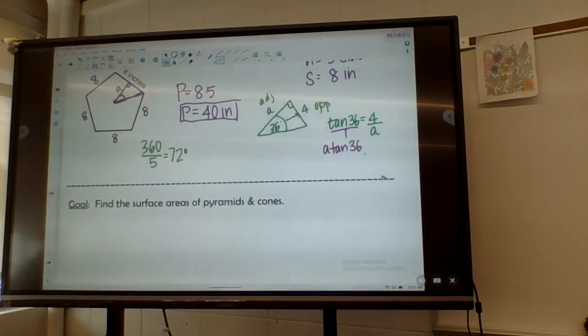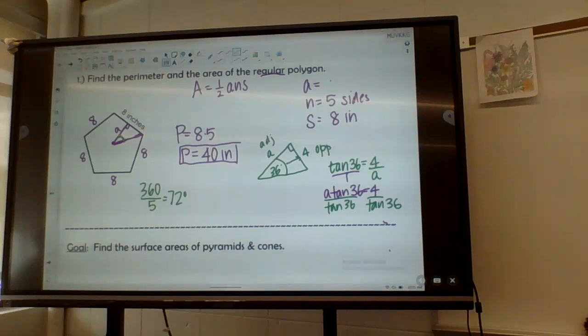It's also reviewing our trig, which is good because that'll be on our exam at the end of the year, which is not that far off anymore. So we get 5.5 for little a, I believe. Or 5.51 if you went to another decimal place.